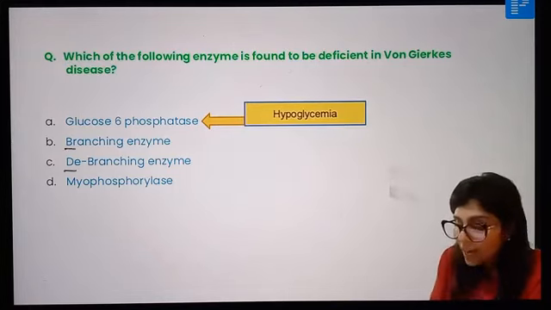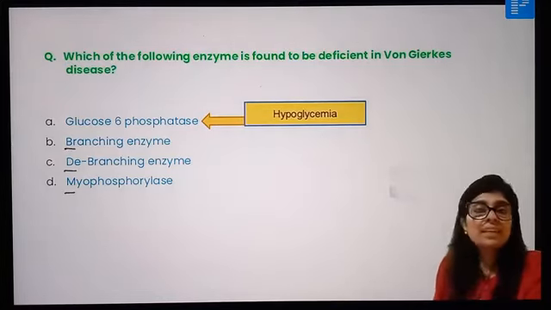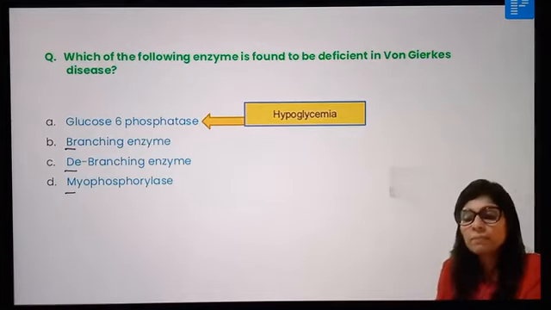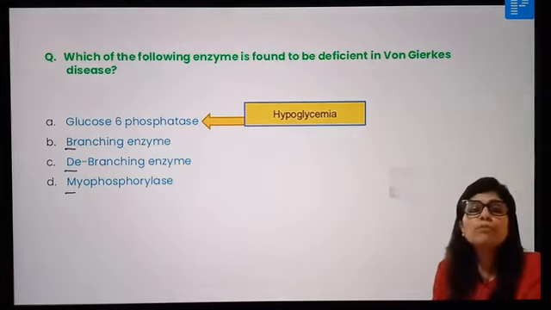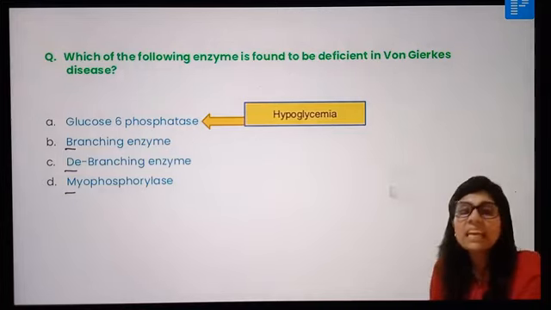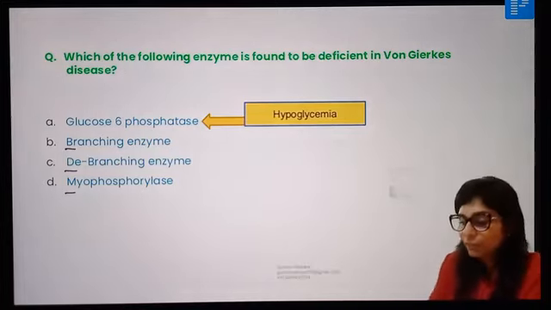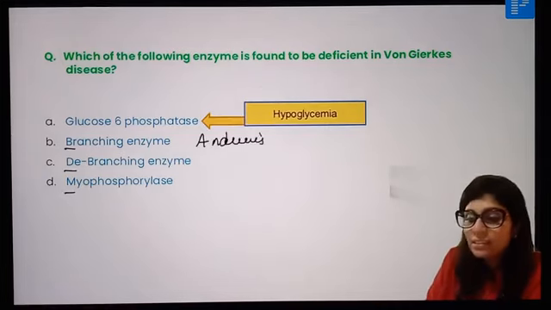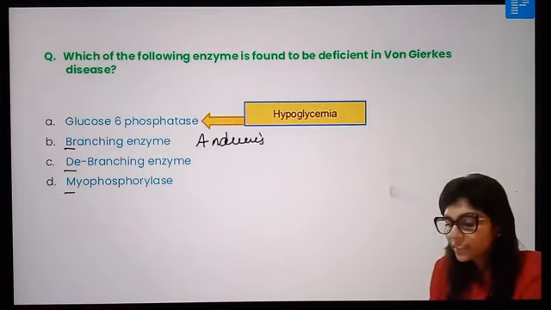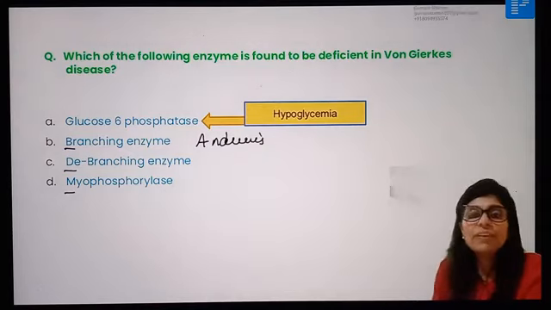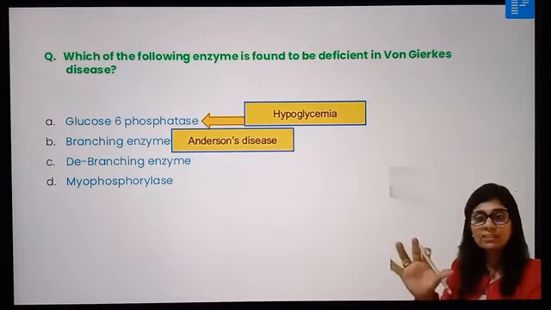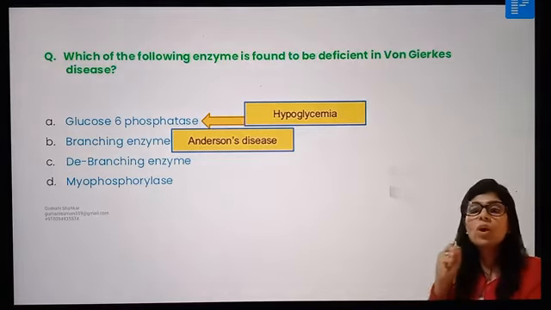Let's learn about other choices. Branching enzyme defect. Branching enzyme starts with B. What is the letter before B in the alphabet? A. So branching enzyme defect causes A, which stands for Andersen's disease. Do you understand this? Branching enzyme defect causes Andersen's disease. If there is no branching enzyme, glycogen will not be compact.